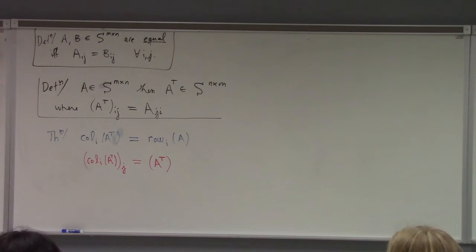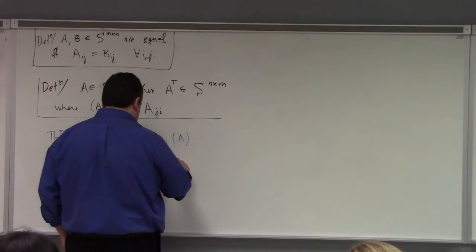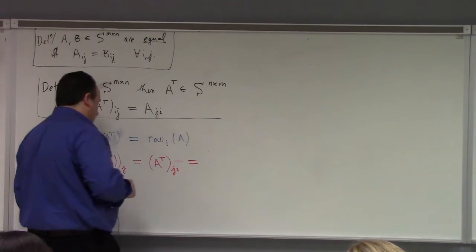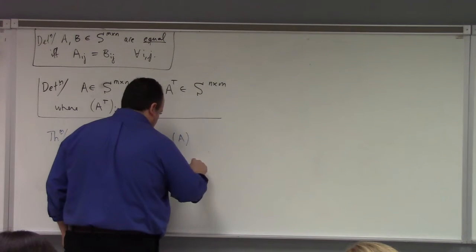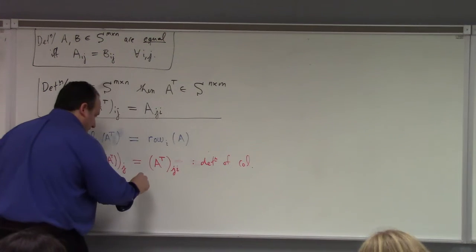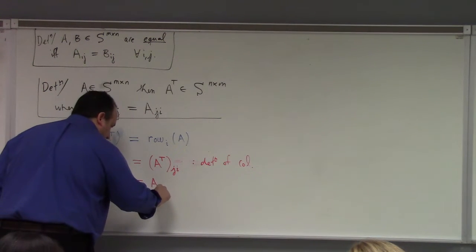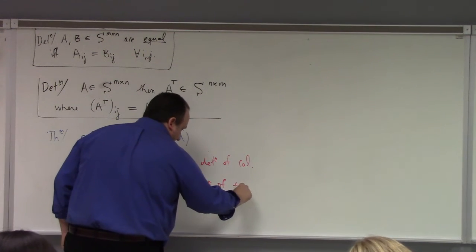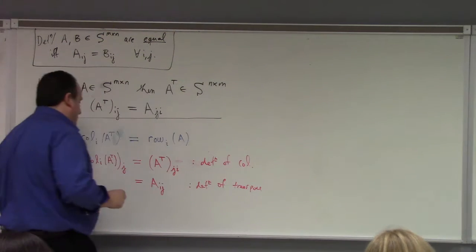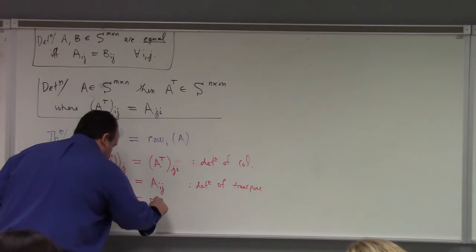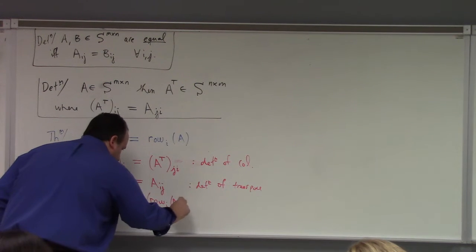So I don't put (A transpose)_ij, I put (A transpose)_ji, right? So this is by definition of column. And then next step, this is A_ij. That's the definition of transpose, right? And then A_ij, remember, is row i of A, the jth component, right? It's the ith row of A, the jth component.